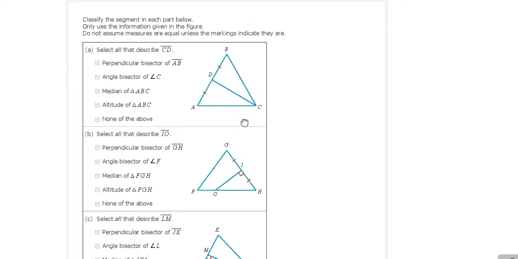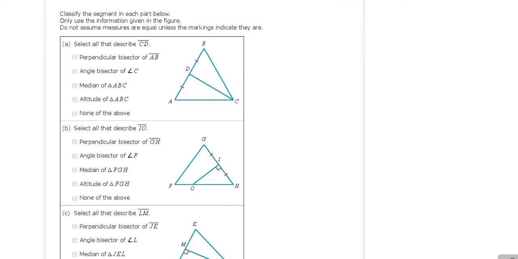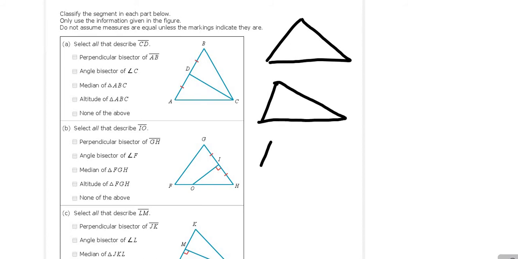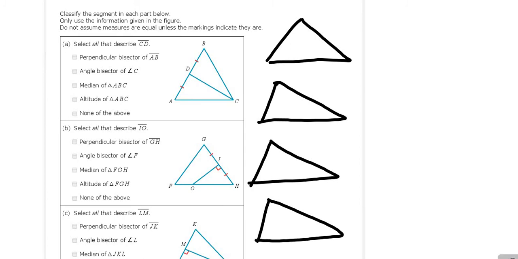There are 4 triangle guts you need to be familiar with, 4 of them. So I'm going to draw 4 triangles here for you. So a median connects vertex to the opposite midpoint. That's a median. That's a median.